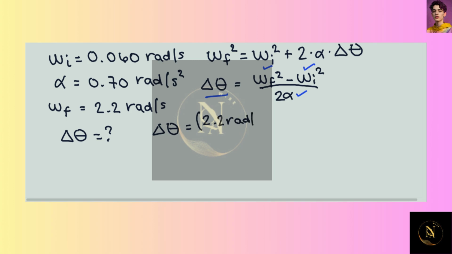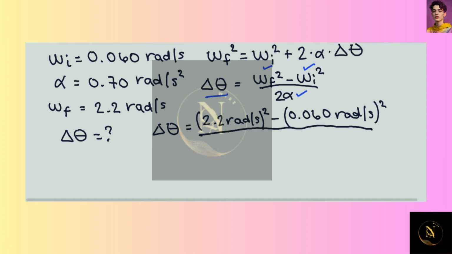For omega f, we have 2.2 radians per second, close the parentheses and square it, minus 0.060 radians per second, close the parentheses and square that, all over, let me redo that. That's better. All over 2 times 0.70 radians per second squared, and we'll close the parentheses.